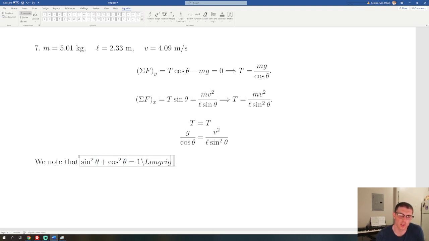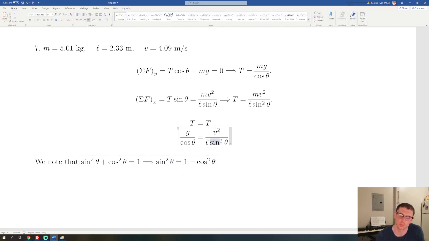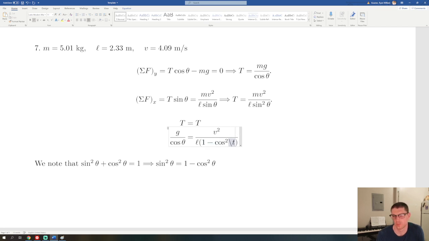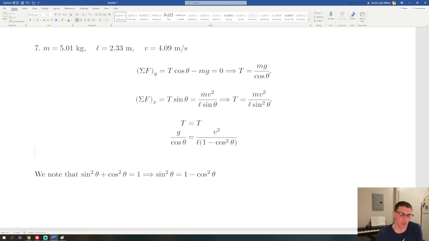From this, we see that sine squared of theta is just 1 minus cosine squared theta. So we put that in here. And the last thing to do would be just notational.